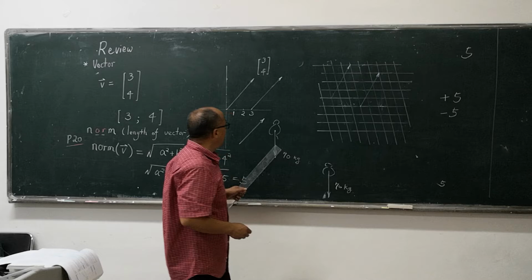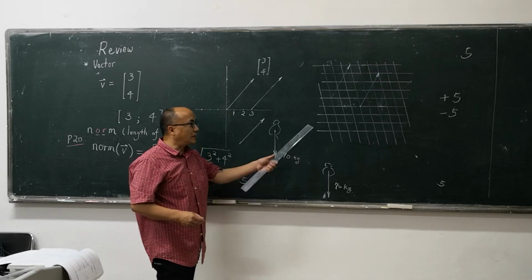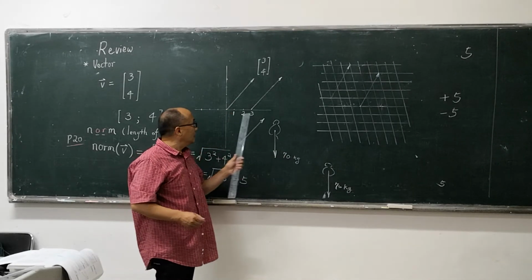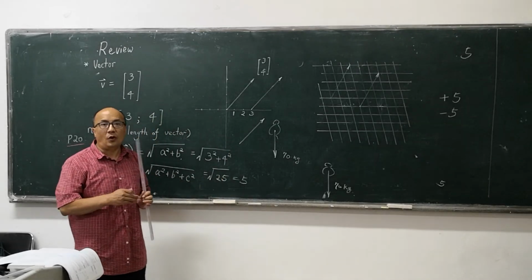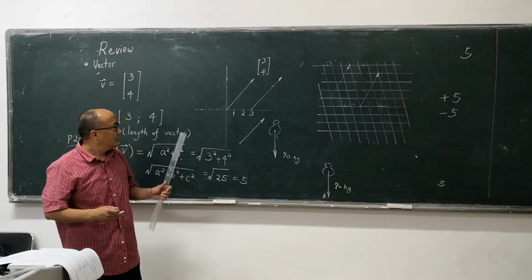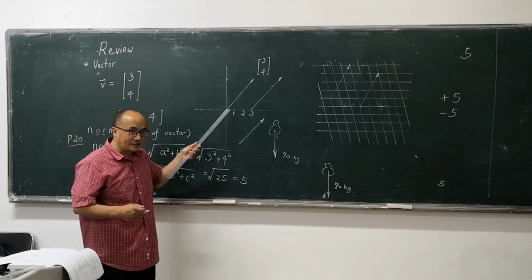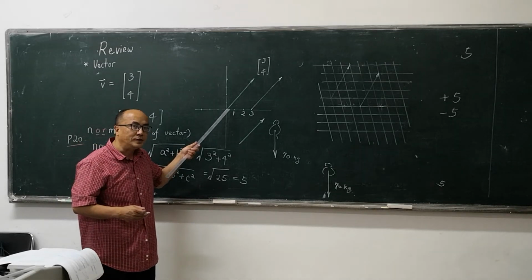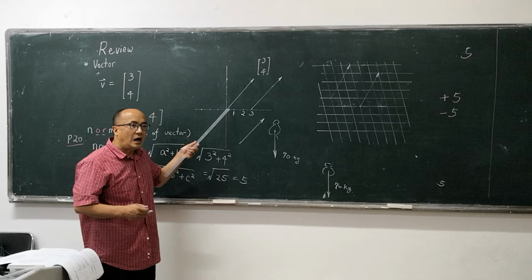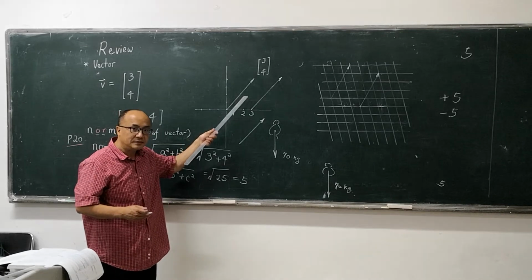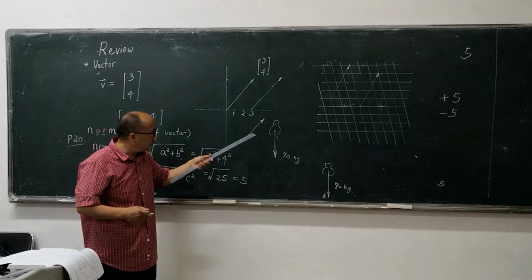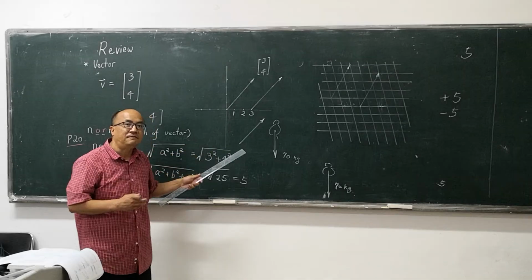And many textbooks don't emphasize this. They are drawing this, giving students the wrong illusion that the vector is always starting from the origin, and making students think these three are three different vectors.